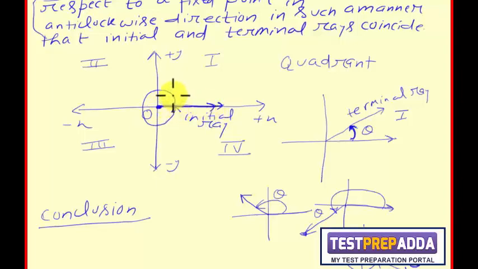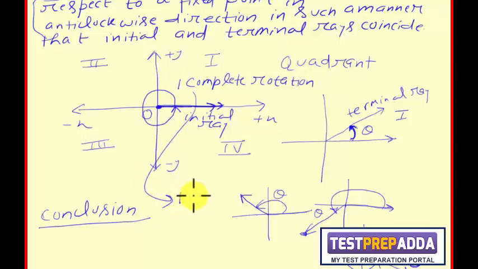So the initial ray will coincide with the terminal ray after one complete rotation, which you can also say as one turn.